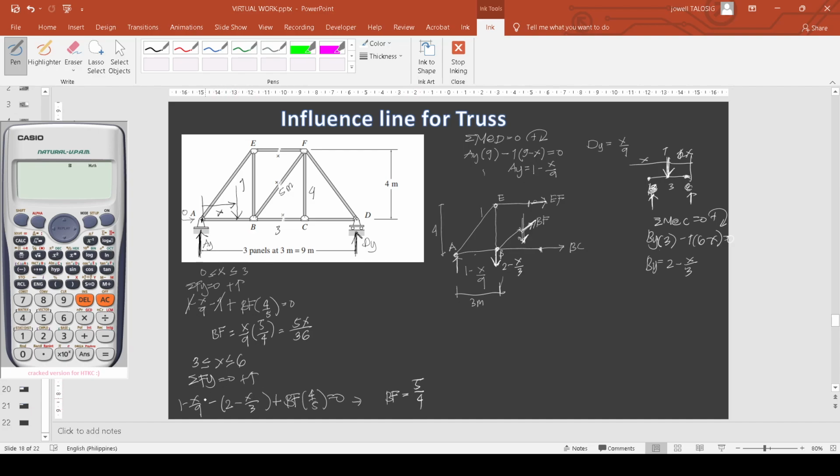Then, next, ito magiging negative x over 9 plus x over 3. So, let's use our calculator. So, magamit naman natin siya. So, negative 1 over 9, so, plus, that is positive 1 over 3.